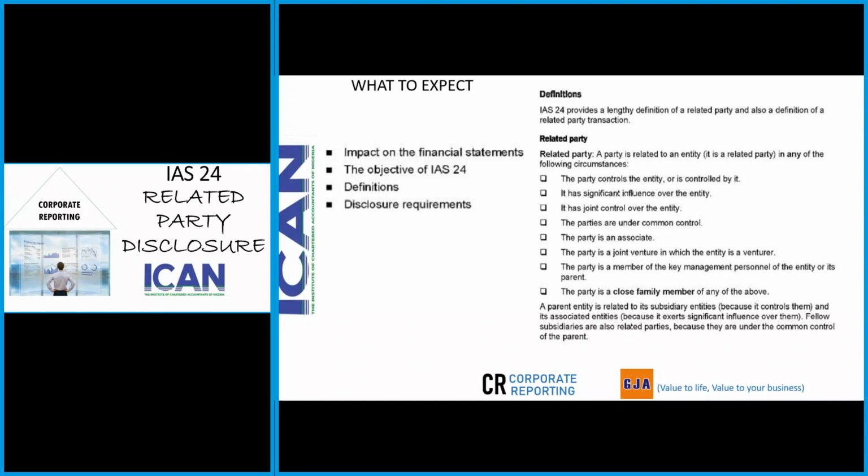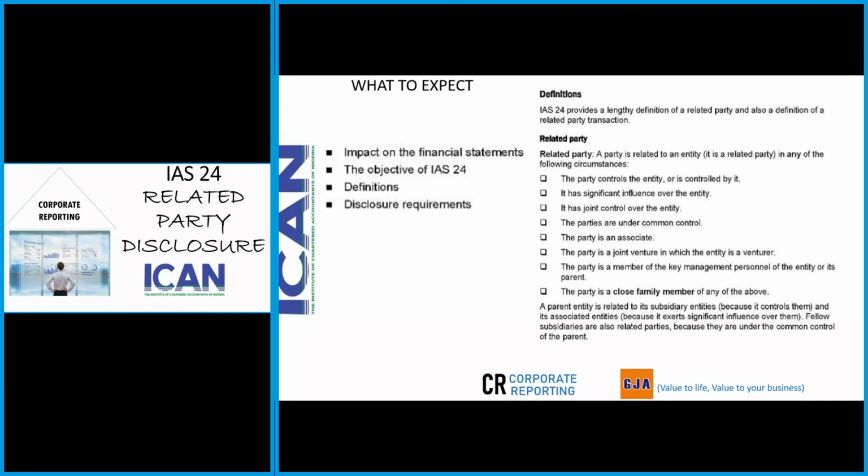So when we have an organization at the apex having some other subsidiaries and associates under its common control, related party transaction will take place and we will need to disclose it.